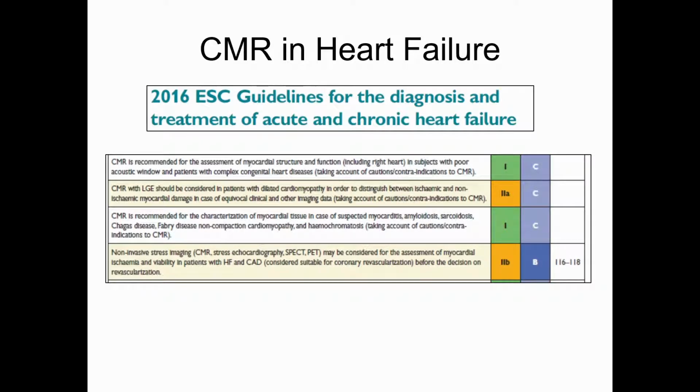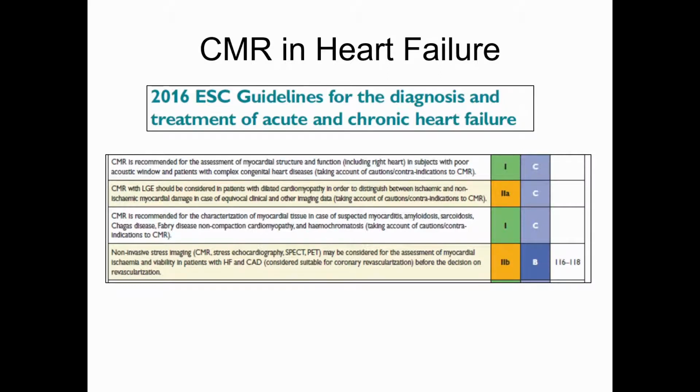Again, you can see here, echo is the sort of workhorse, but you could consider perhaps MR if imaging subjects have got poor acoustic windows or you're worried about complex congenital heart disease. Late gadolinium enhancement imaging is potentially useful to distinguish between ischemic and non-ischemic DCM phenotypes.